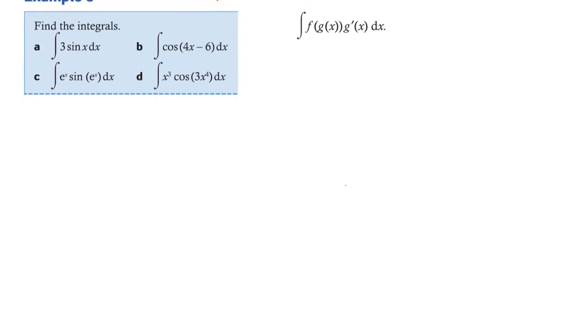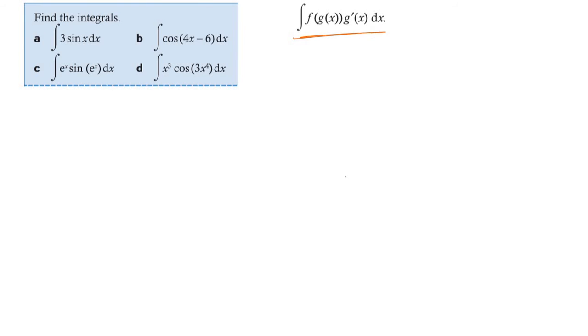So on to some examples, and you'll see that we're going to need to use integration by substitution in C and D, and I'll talk about why when we get to it. So for A, a nice straightforward one to start with. We can rewrite that as 3 times the integral of sine of x dx.